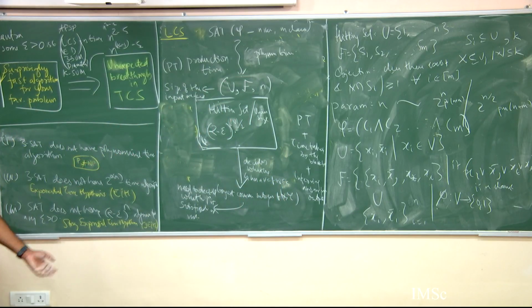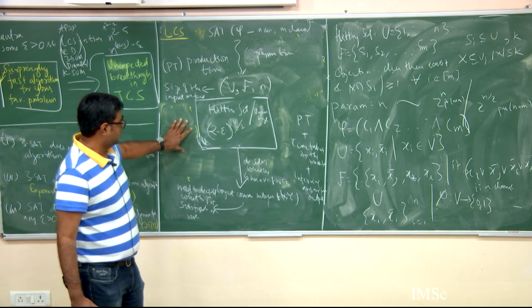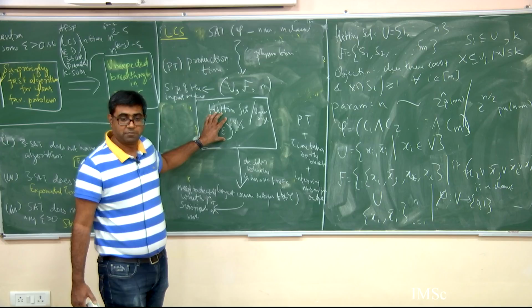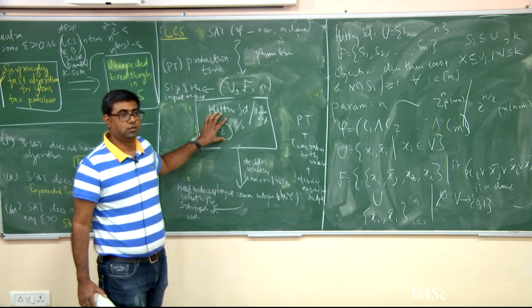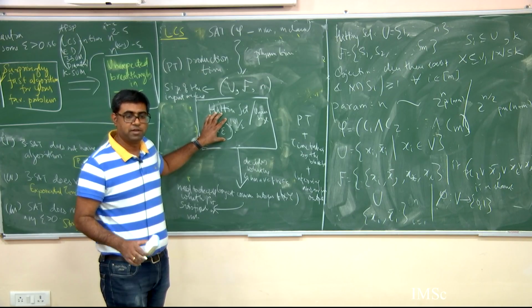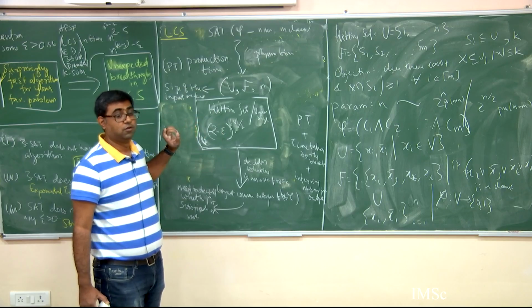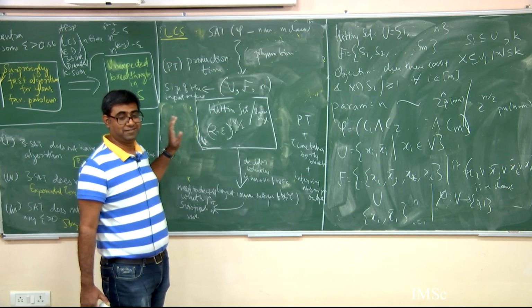This is what we started with a long time back, and we thought, okay, this looks cool, and this will give you (2 minus epsilon) to the power n by 2. Somewhere in the middle of the course, I'll give you a reduction which is extremely difficult.